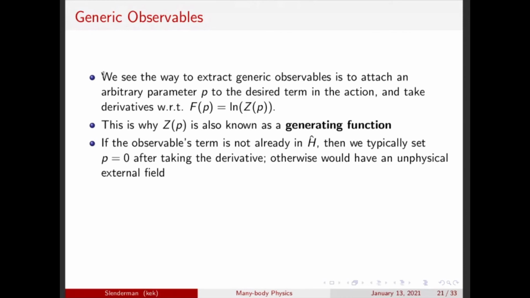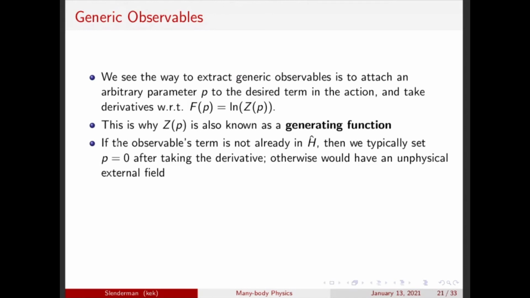So in general, just like the previous two examples, the way to extract generic observables in a solid state system, or in a statistical mechanics sense, is to attach an arbitrary parameter, say p, to the desired observable in the action, and take derivatives with respect to the free energy, which is related to the partition function here. So we sometimes call z of p a generating function.